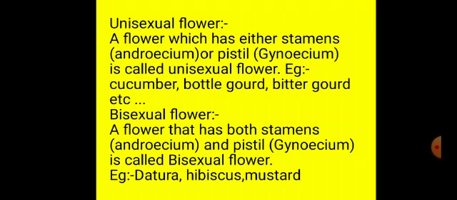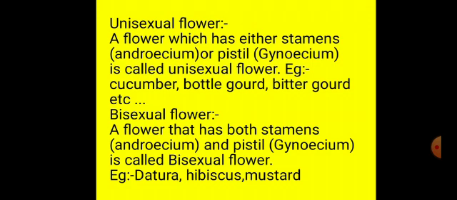Uni means one, so that flower contains only one, either the male or the female reproductive part. For example, cucumber, bottle gourd and bitter gourd flowers are unisexual flowers.